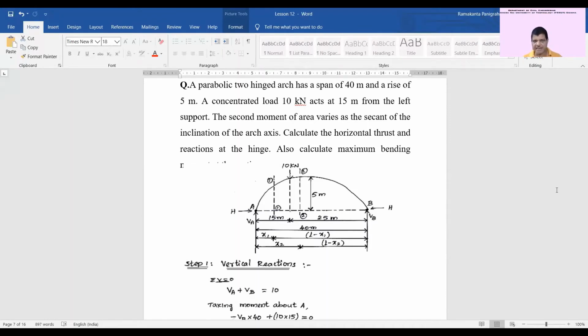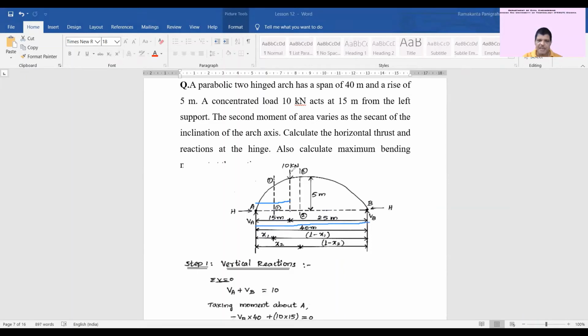Now let us take a parabolic two-hinged arch of span 40 meter. See here we have this arch, and the distance from this to this is given as 40 meter. Load is 10 kilonewton acting at a distance of 15 meter from the left-hand support, that means here to here is 15 meter, and the total is 40 meter.